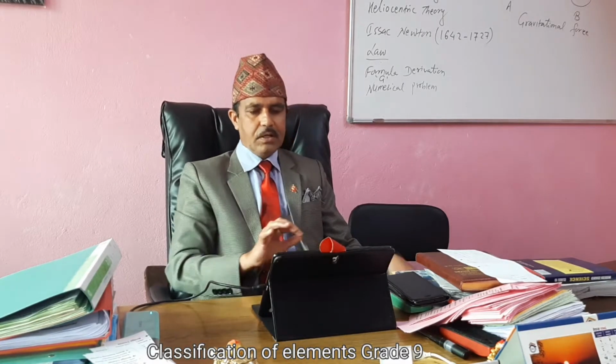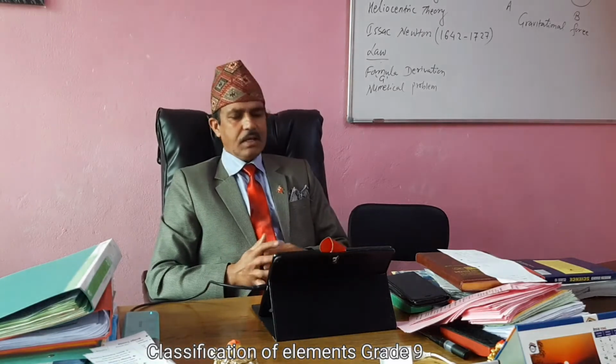Atom. Last time we discussed that there are 118 types of elements. They can be categorized into metals, non-metals and metalloids. Metals are the elements which are good conductors of heat and electricity.